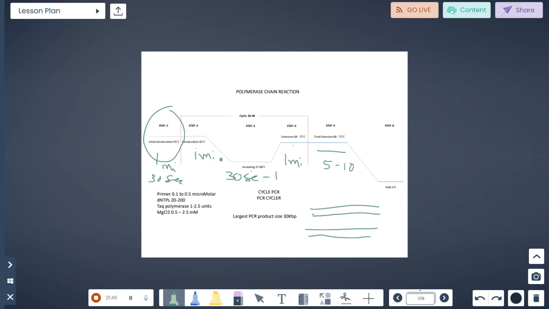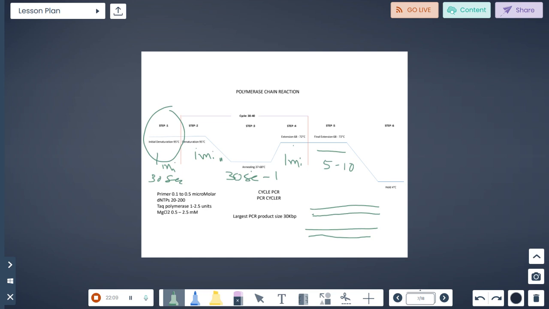How are you deciding this extension time? Suppose your PCR product is around 1000 base pairs, then you have to keep 1 minute, because you are assuming that the extension rate is 1000 bases per minute. That is why you are keeping 1 minute for a 1000 base pair product.